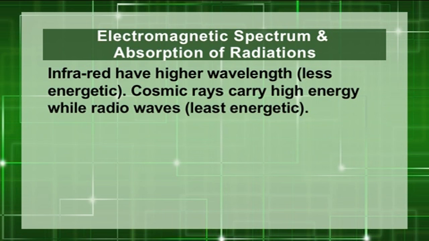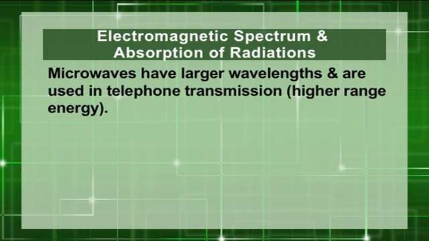Infrared has higher wavelength, that is, less energetic. Cosmic rays carry high energy, while radio waves are the least energetic. Microwaves have larger wavelengths and are used in telephone transmission.